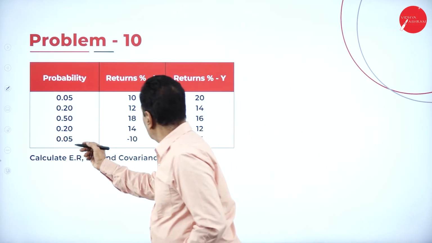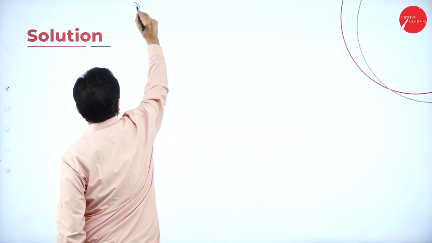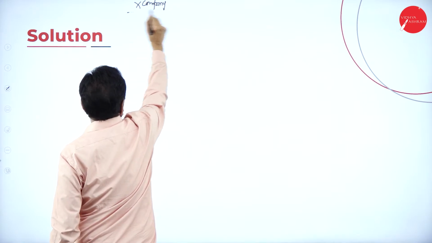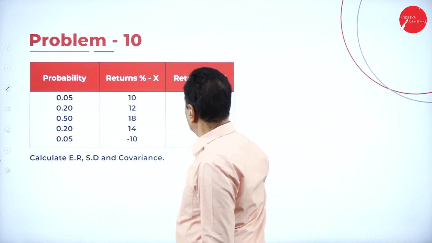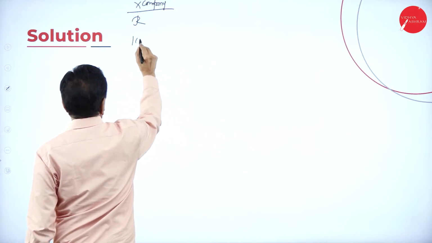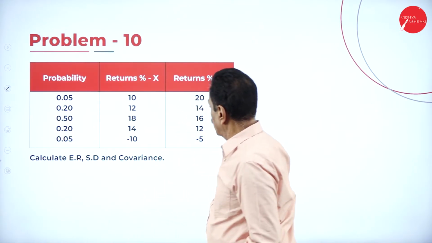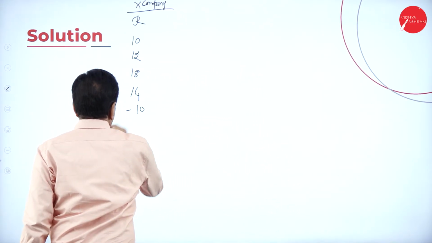Same thing goes to other companies. We have probability and returns. X company returns are 10, 12, 18, 14, minus 10.